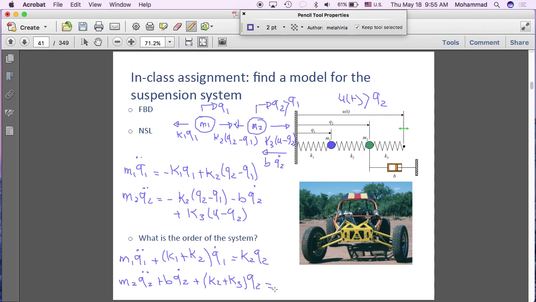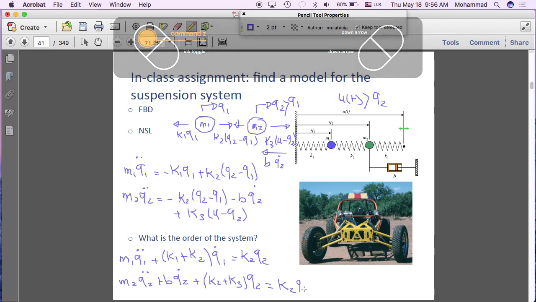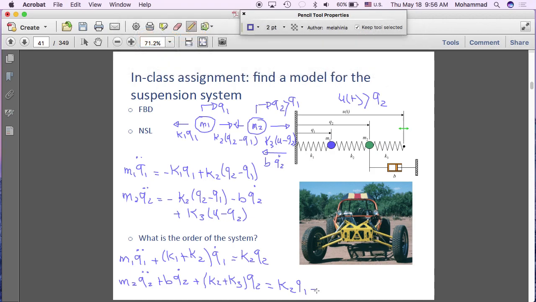And that is equal to, what is left? We have k2 q1, plus k3 times u.